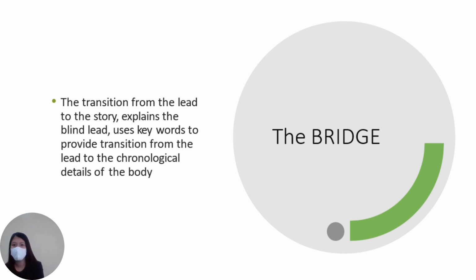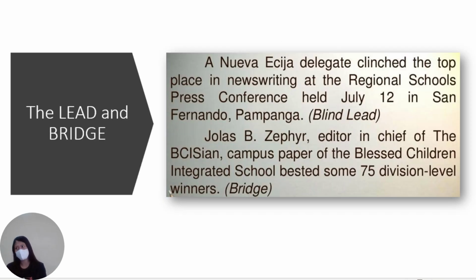So how do we make a blind lead? For example, a Nueva Ecija delegate clinched the top place in news writing at the regional school's press conference held July 12 in San Fernando, Pampanga.